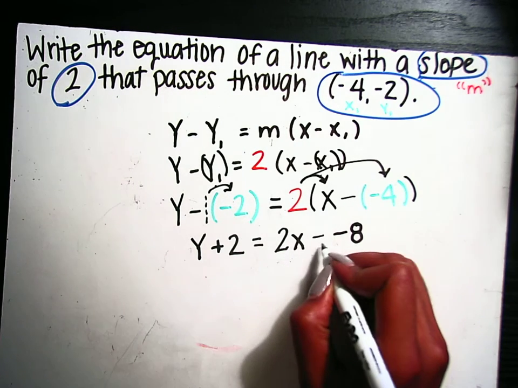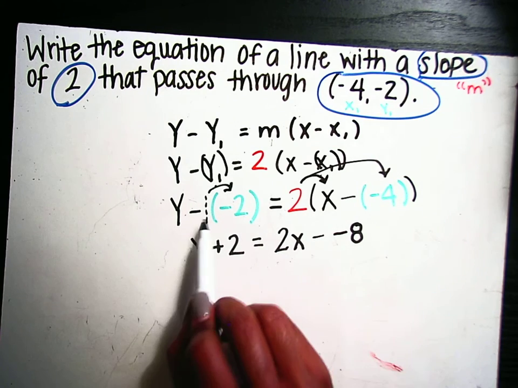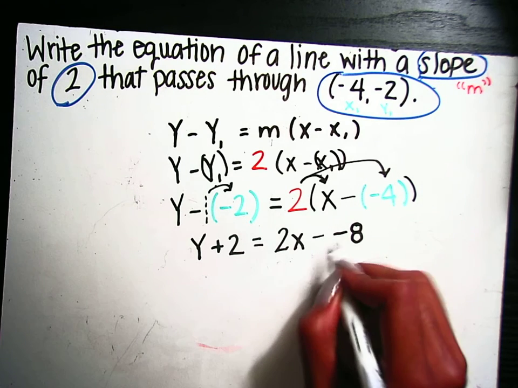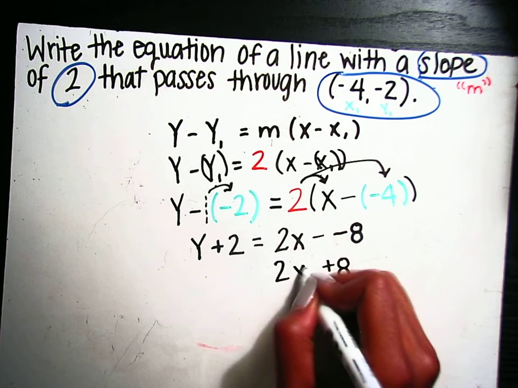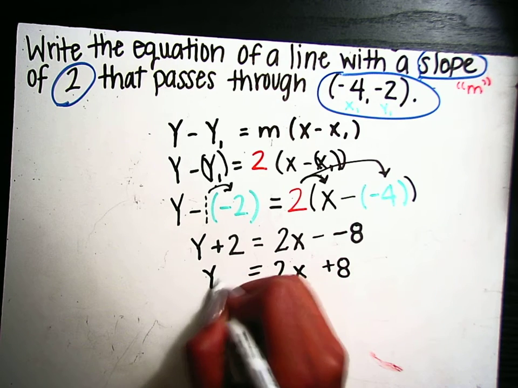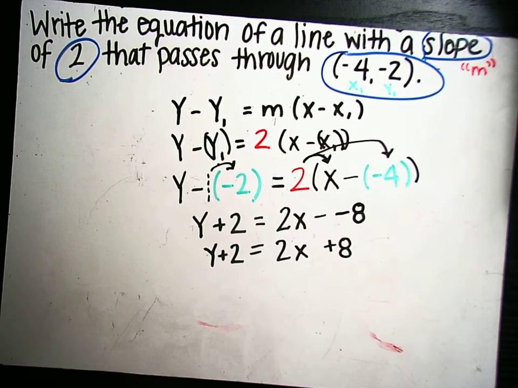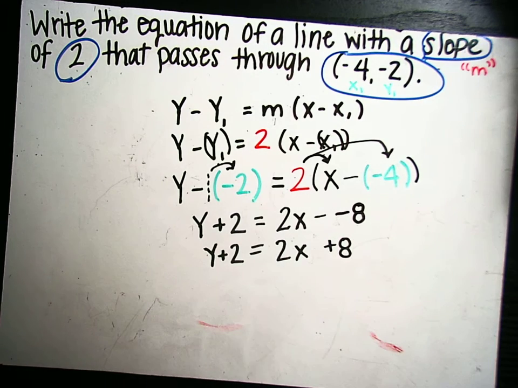So here, these two signs are going to become positive, because just like I explained here, negative times a negative is a positive. These two signs are going to become a positive 8. So I'm just going to bring down the rest of my equation. And don't let the negatives fool you. Up here, we could have changed those two to a positive, so it still would have come out the same.